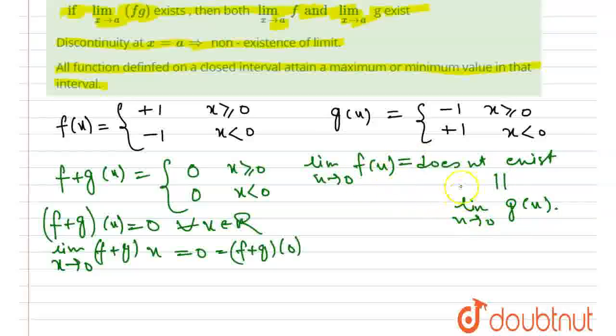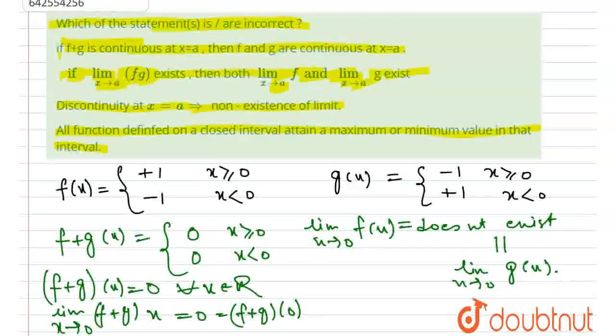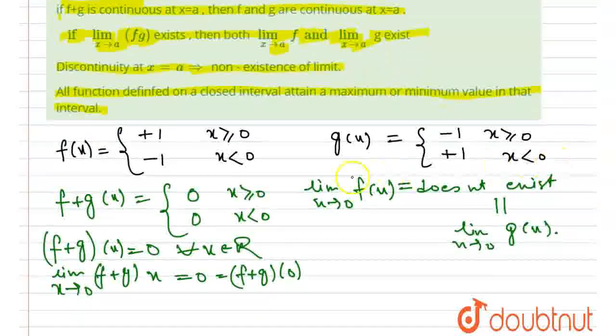So both these limits don't exist, but the sum is continuous at x equal to a, and as these two limits don't exist, f(x) and g(x) are both discontinuous at x equal to 0. So this is a wrong statement.